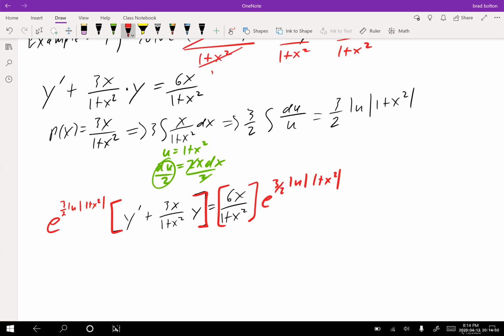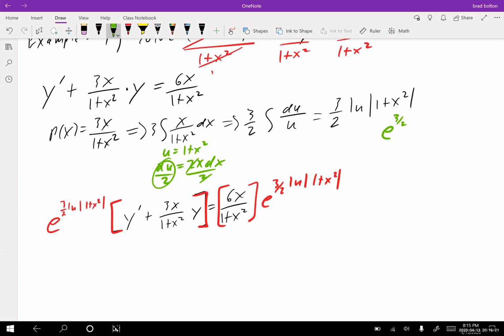However, there is something that we could have done from the beginning. We could have taken this, we could have said e to the 3/2 ln of the absolute value of 1 plus x squared, and I could have rewritten that. Let me do this in green, actually, you guys. Let me show you how we could clean this up a little bit.